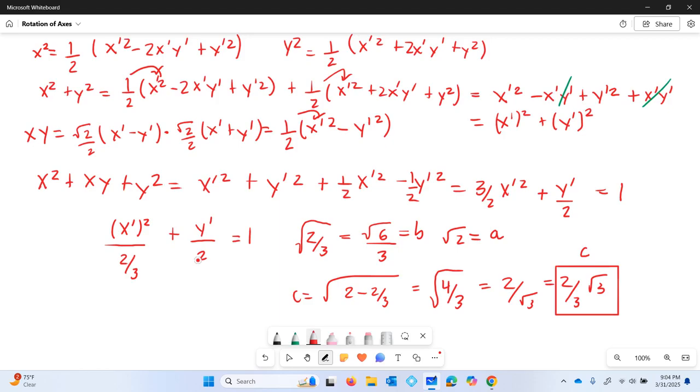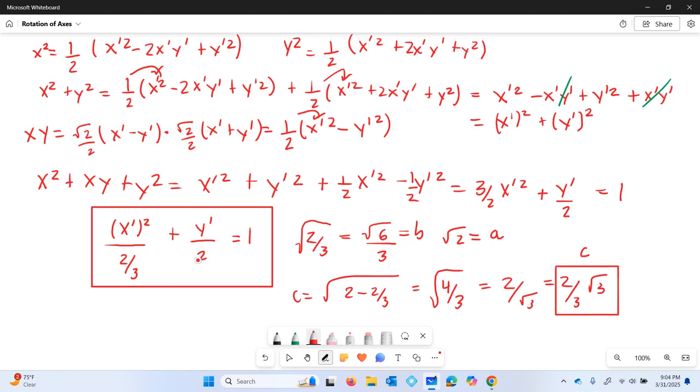Okay, so essentially the conclusion is that we end up with a vertical ellipse, and from there we're just going to say that the center is at 0, and the focus is at 0, 2/3 root 3 from the center.